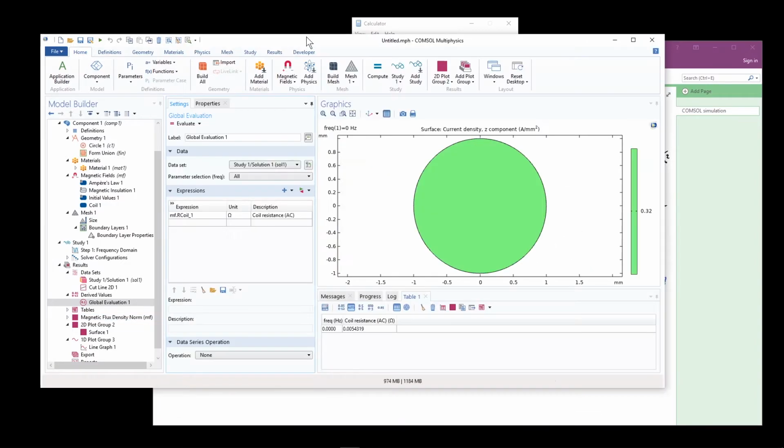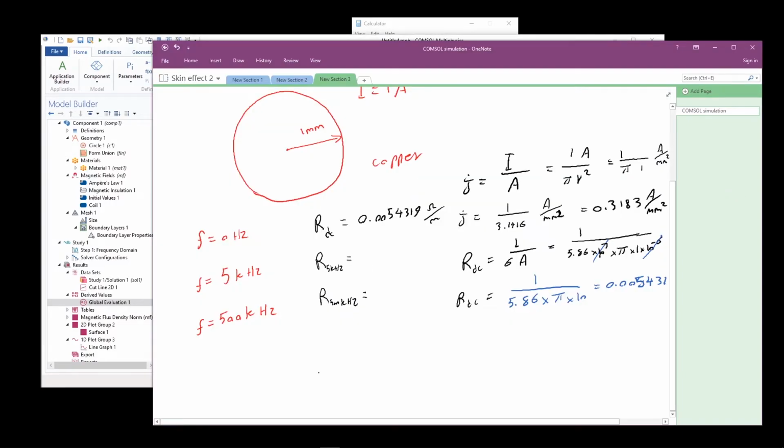Now here COMSOL does this calculation for us to calculate AC resistance directly, but I want to be able to calculate the resistance with knowledge about the current density. So let us have some understanding here. If we look at the power loss through a conductor, then let's say we have this conductor here. So I'm going to write a little bit.